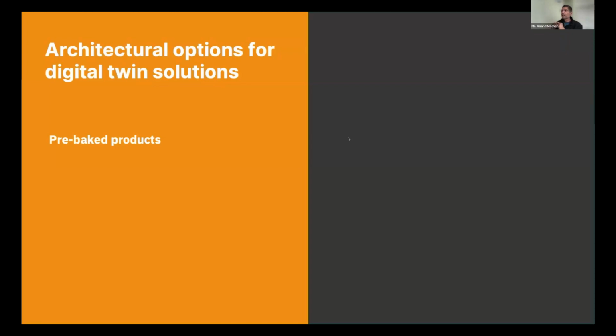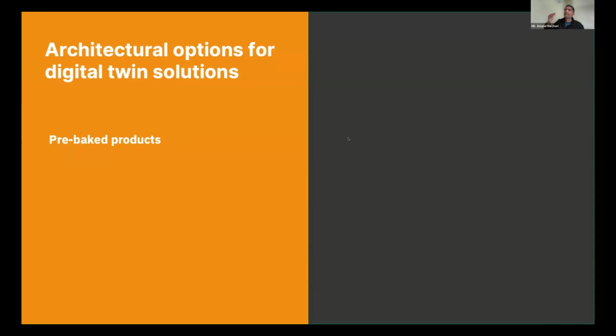For example, to do a daylight analysis of a BIM model, or you want to do an energy analysis of a building using a BIM model. So there are tools that are specifically designed to do that. So you have pre-baked products that are designed to do certain things, and you could use those things to solve that problem. And that is one type of a digital twin.